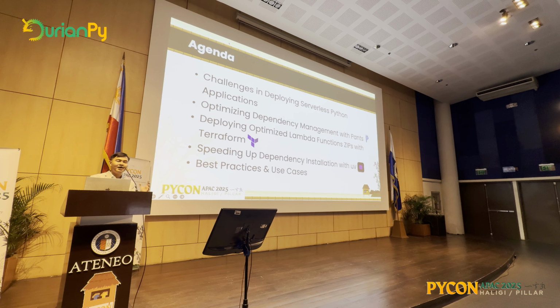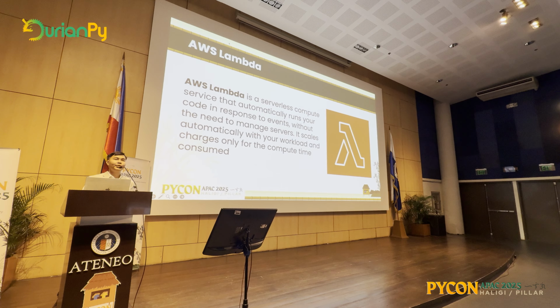So, to first introduce AWS Lambda. AWS Lambda is a serverless compute service that automatically runs your code and scales according to your needs. It can be a short snippet of code or an entire application inside of AWS Lambda as long as it fits. And it automatically scales for your workload and you will only be charged for your usage. So what we see here is that the provisioning of our infrastructure is handed over to our cloud service provider.